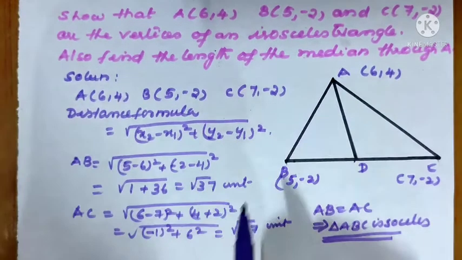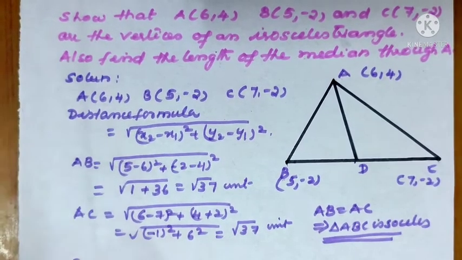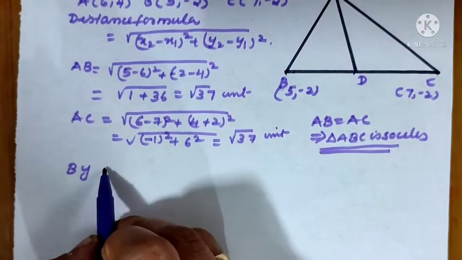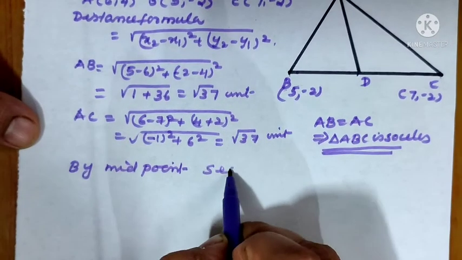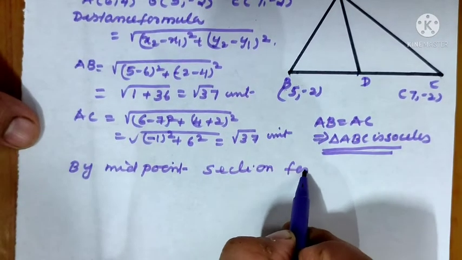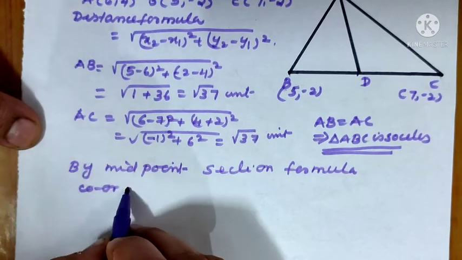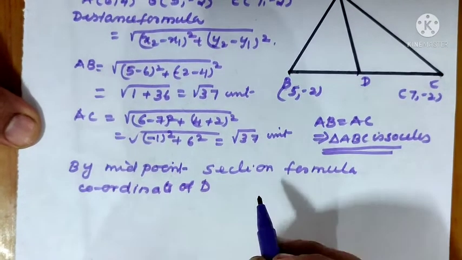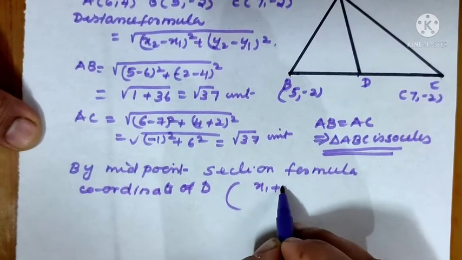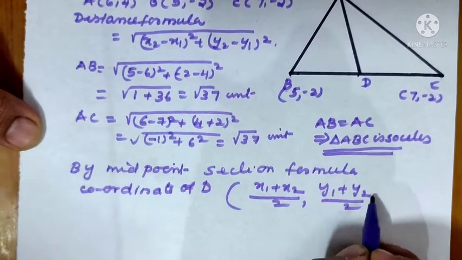Now, find the length of the median. Median means midpoint only, so we have to use the midpoint section formula. By the midpoint section formula, the coordinate of D is ((x1 plus x2) by 2, (y1 plus y2) divided by 2).